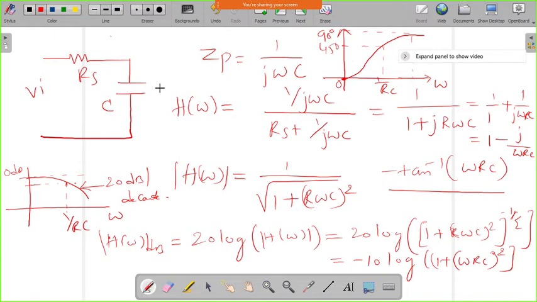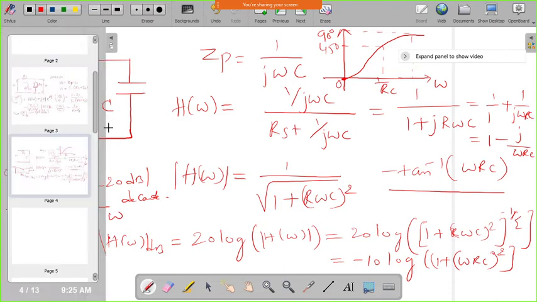Now similarly, if I consider the inductor instead of the capacitor, it will behave as a high pass filter. You can see the response, which you can take and write the circuit.